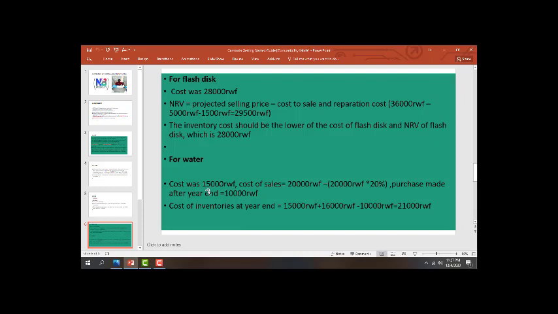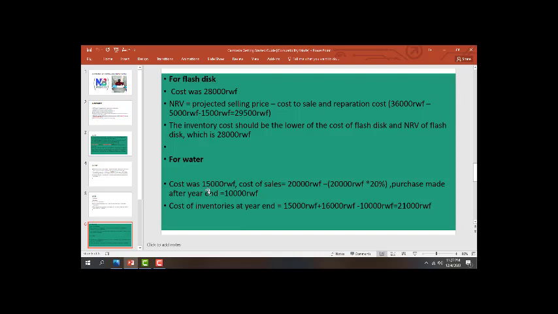The cost of sale, this transaction occurred between the end of year and the time we calculated this cost of water. Remember, we calculated this cost of water not at the end of year, but after year end. So we need to look at the transaction that occurred in that week.